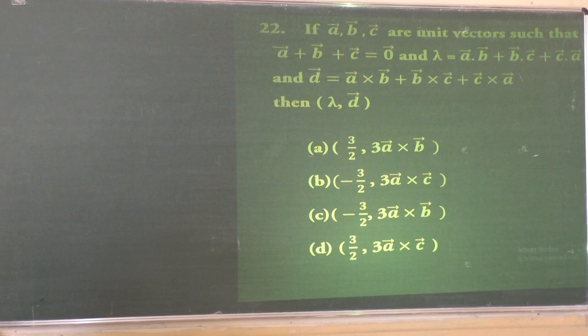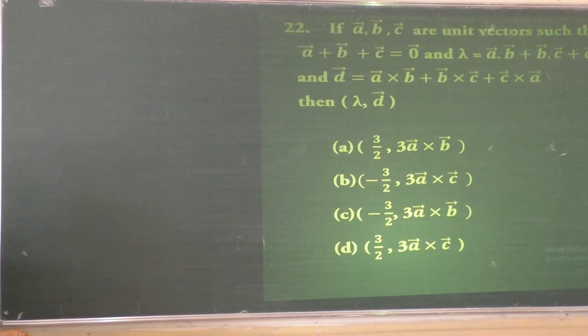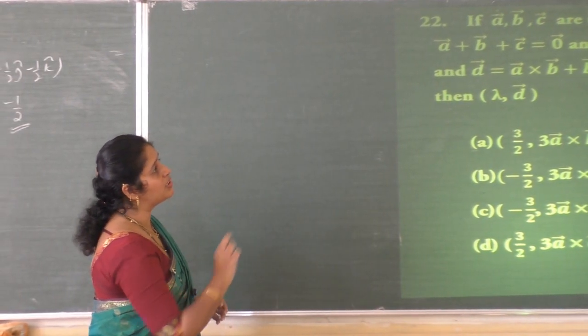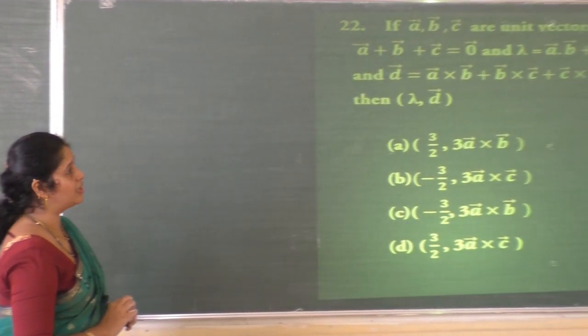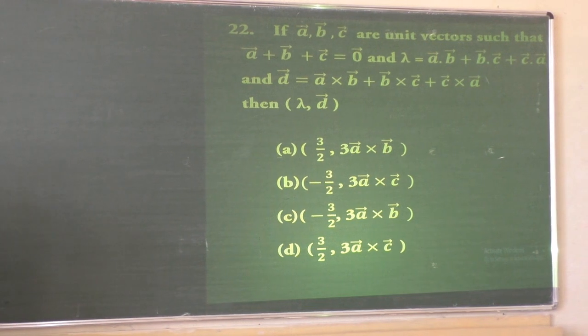So let us find lambda first. Lambda is vector A dot vector B plus vector B dot vector C plus vector C dot vector A, and the sum of the three vectors given is the 0 vector, and also vector A, vector B, vector C are unit vectors.